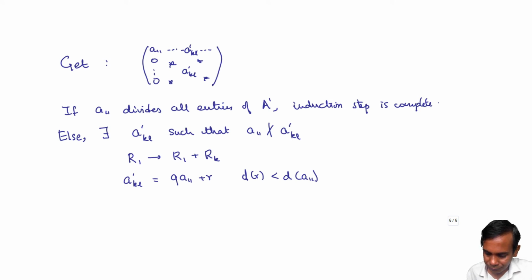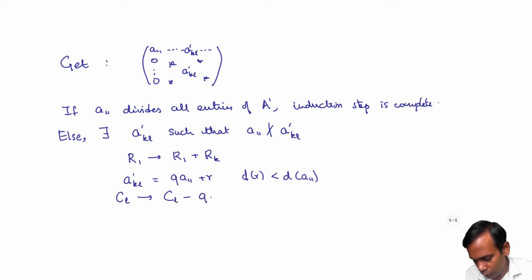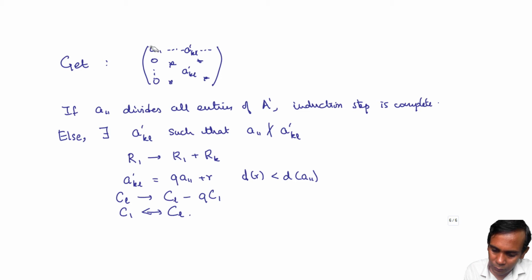So what you do is CL goes to CL minus Q C1, and then you do C1 interchanged with CL. After you've done this, what will happen is that this R would have come here.